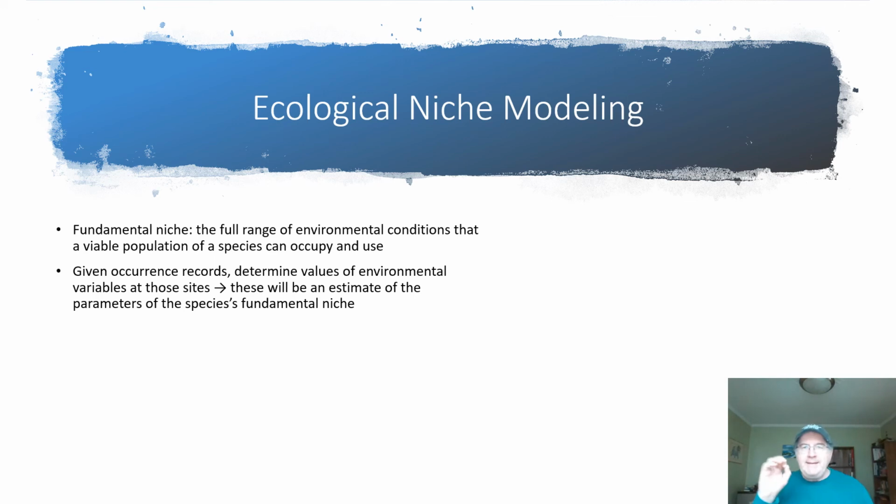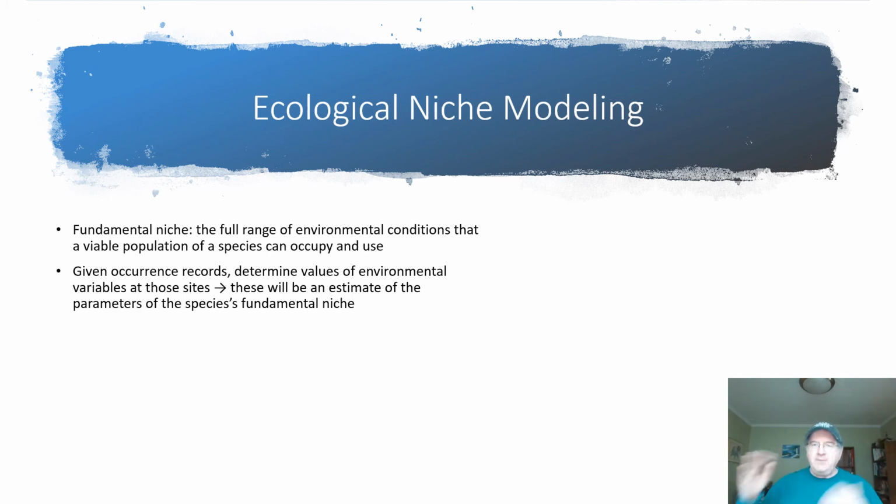So if I can get the environmental variables of interest at the spots where this species is known, or at least we believe it occurs on the basis of specimens or observations in data aggregators like GBIF or iDigBio, then that will be an estimate of this species' fundamental niche.